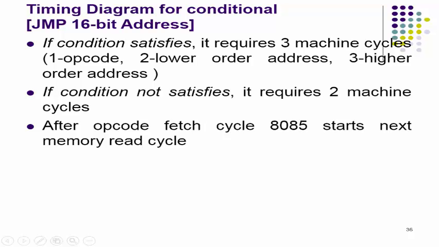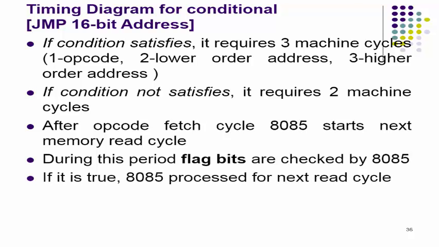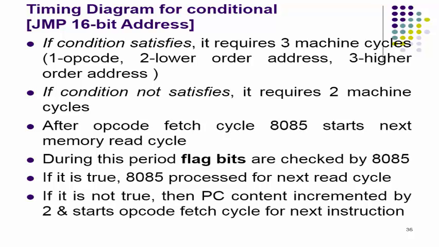After the opcode fetch cycle, the 8085 starts the next memory read cycle. There is a slight change between operand fetch and memory read machine cycles. The timing diagrams for these 2 machine cycles are the same. The only difference is that in operand fetch, the address is given by the program counter, and in memory read, the address is given by the instruction. During this period, the flag bits are checked by the microprocessor.